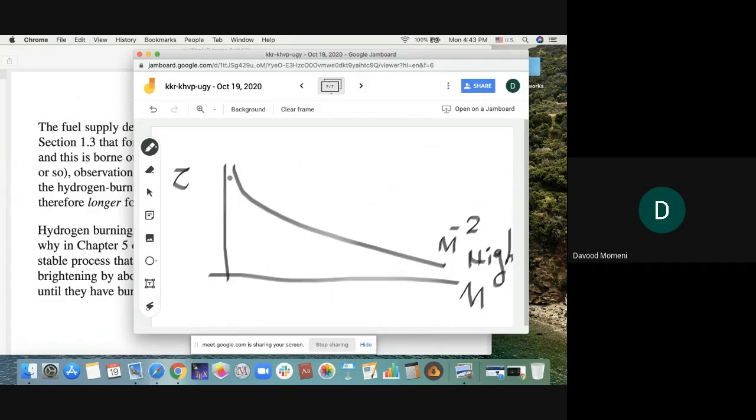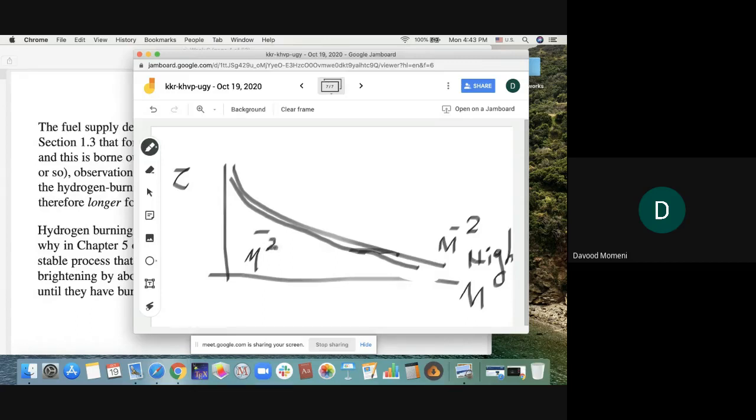But for low mass, it is also close to that, and it is also decreasing. So it is decreasing, but instead of m to the power minus 2, it is decreasing like m to the power minus 2.5.